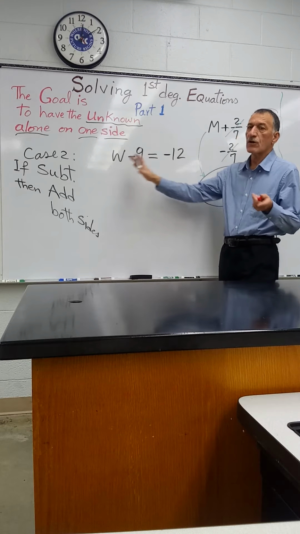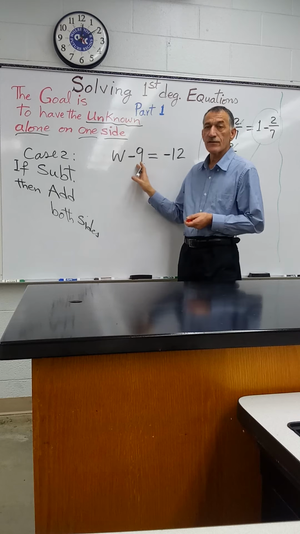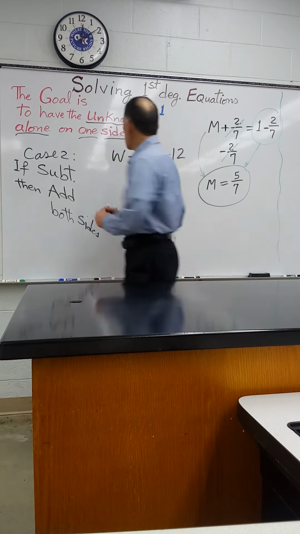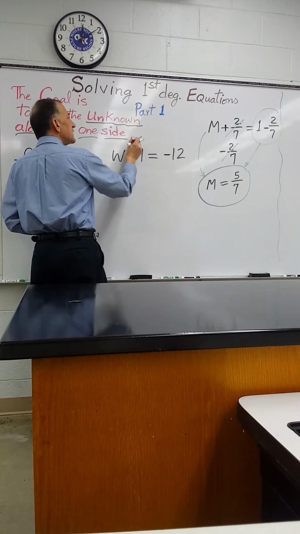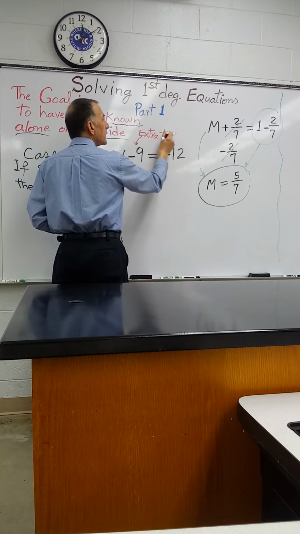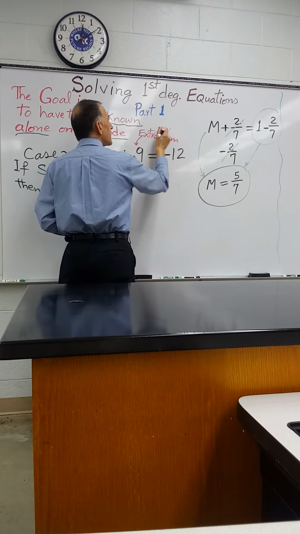So, all right, we're going to solve for w, and you look at the side of the w, that's the left side of the equation, that's the extra term. So we're going to get rid of the negative 9. So this is the extra term, and every time you have an extra term, you will get rid of it.